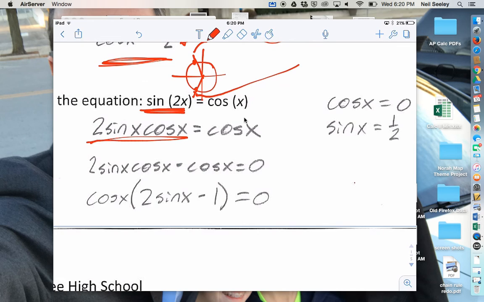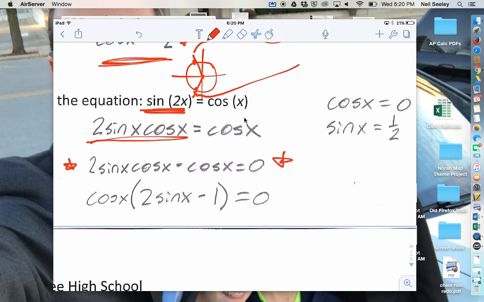Never cancel while solving. Set it equal to 0, factor, and cancel. If you can remember not to cancel while you're solving a trig equation, that would be awesome, because it'll eliminate some of your solutions. I repeat it over and over again every year, and lots of folks forget it, but do your best to remember. Don't cancel those cosines.